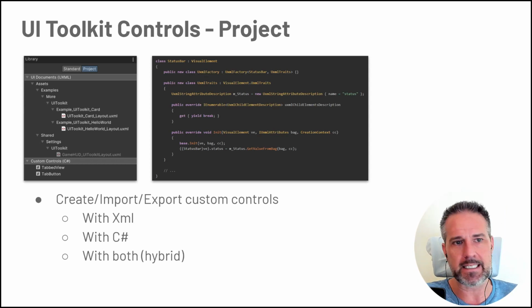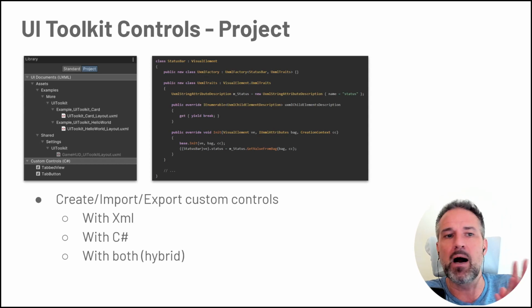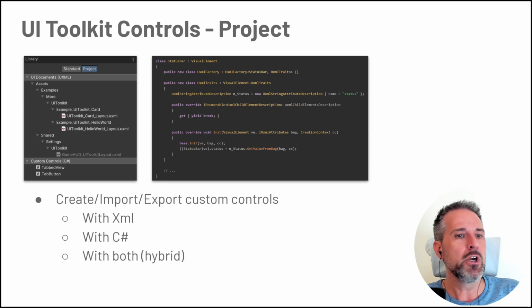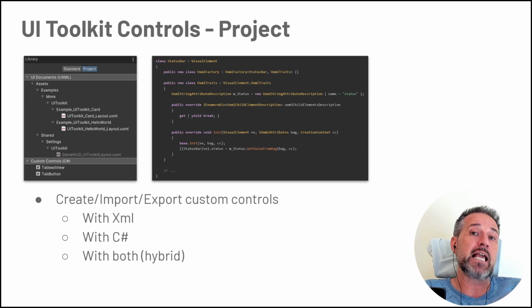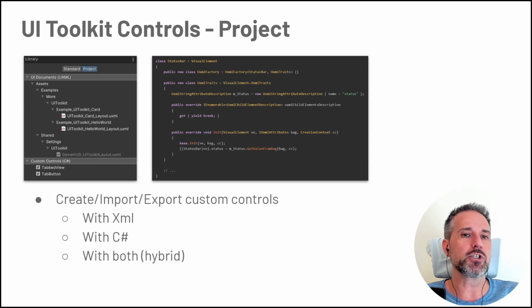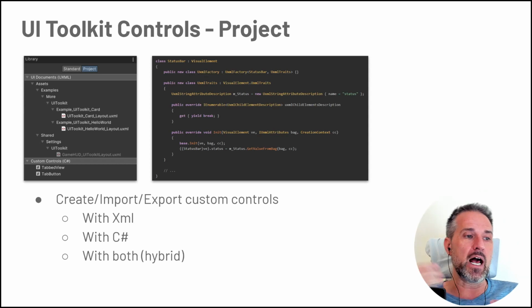You have full access to the API, and you're able to make your own slider if you want by reinventing the wheel or by subclassing the existing one. Or you could imagine having very game-specific cases, like I'm working on a word game, as I mentioned, as my next project. So something like Wordle, and it has an on-screen keyboard. So I'm creating the on-screen keyboard using UI Toolkit and making it reusable so that I could use this on other projects and stuff like that.